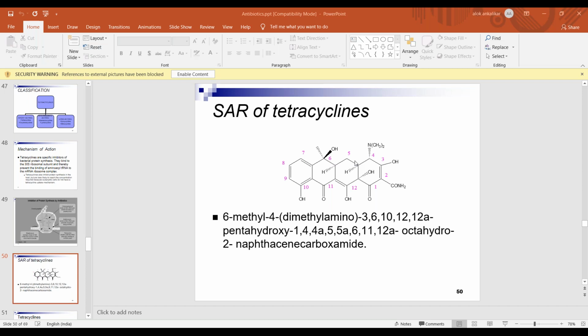However, you can change the configuration at carbon 5, carbon 5A and carbon 6. So to retain the antibiotic activity, maintain the asymmetric configuration of C4, C4A and C12A, and you can change the configuration of C5, C5A and carbon number 6.